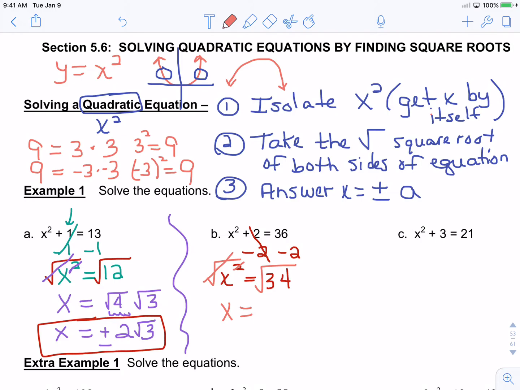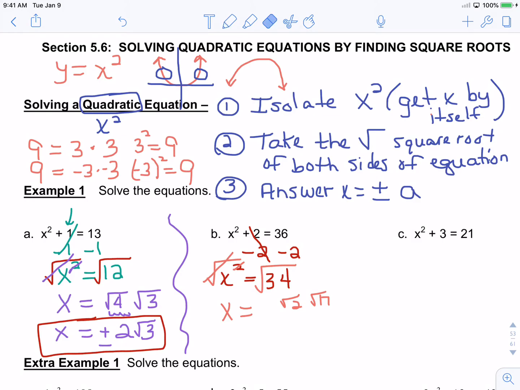And then we have to look at the square root of 34 and think about any numbers that divide into 34. Well, 1 times 34, 2 times 17, and then nothing else goes into 34. And if I use a 2 and a 17, I cannot take the square root of 2. It's not a perfect square. I cannot take the square root of 17 because it's also not a perfect square.